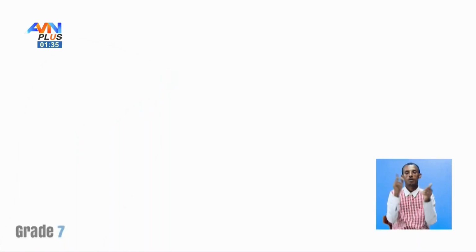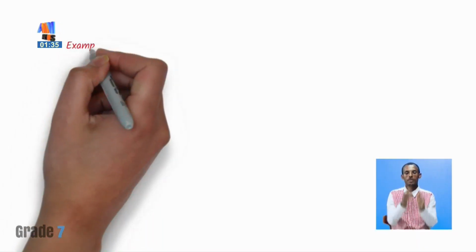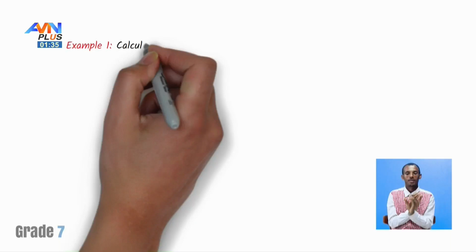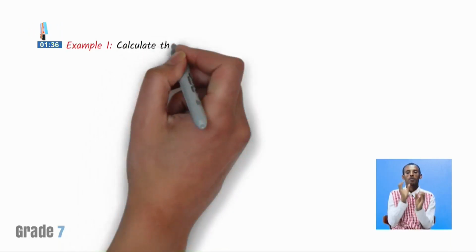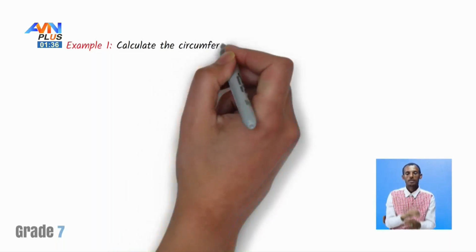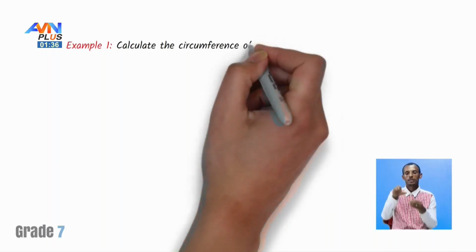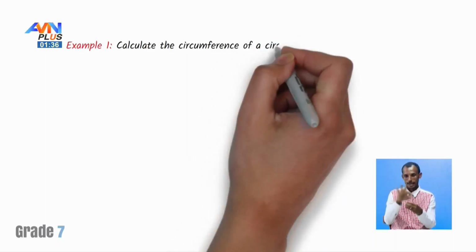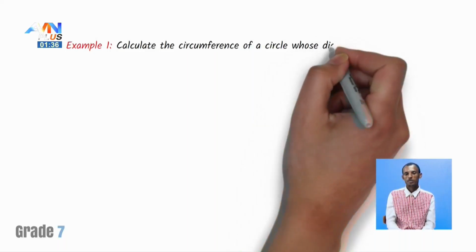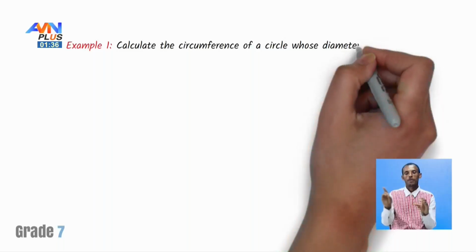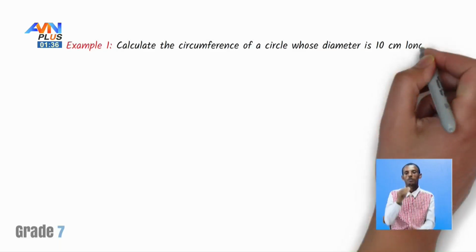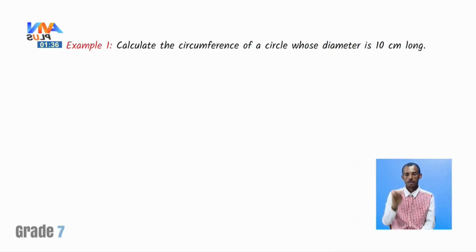Example 1. Calculate the circumference of a circle whose diameter is 10 centimeter long.